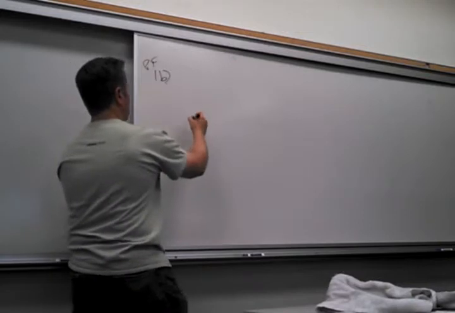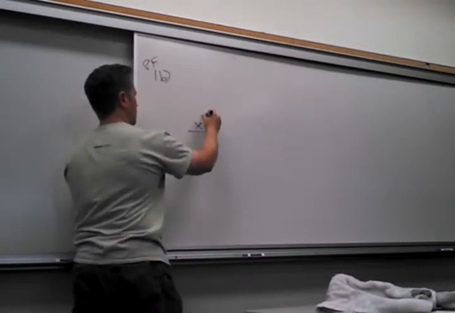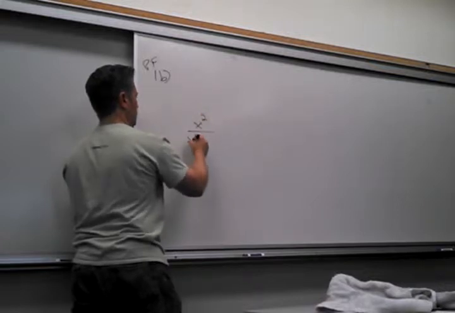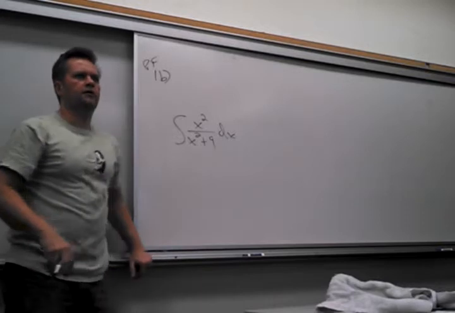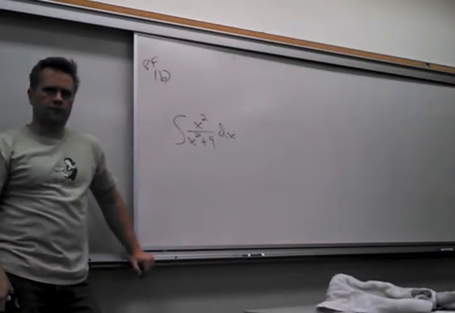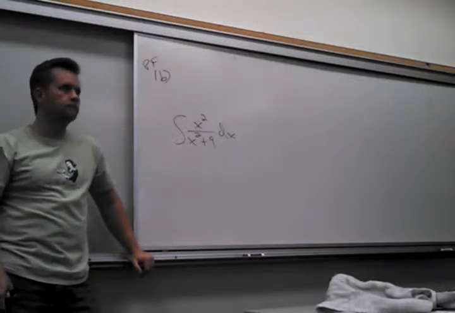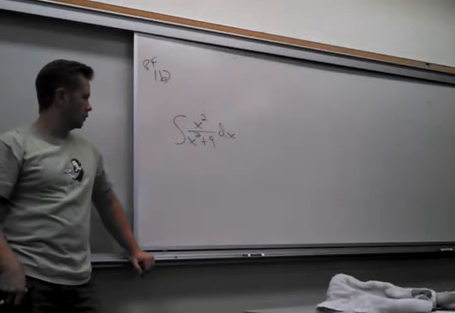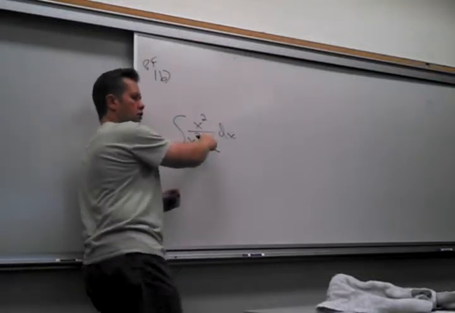If I gave you this problem here, does anybody have an idea what to do there? Is this on the practice final? Sort of, it's not really. Yeah, you can do long division. I like it. That would be a long division problem.